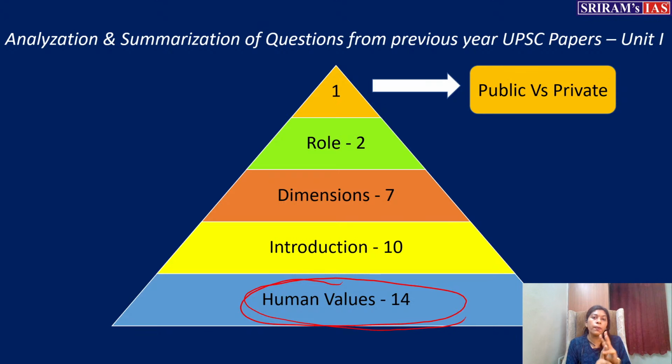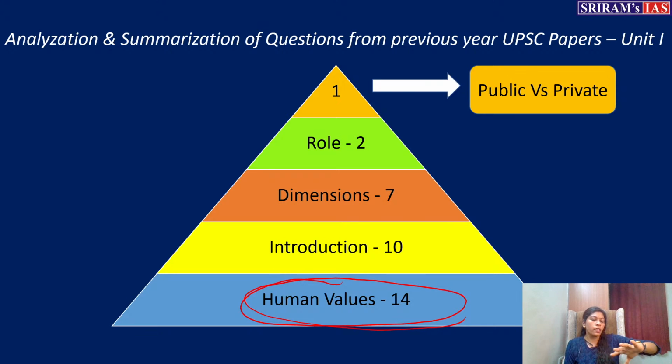First, you should know what values are, and how values are differentiated from ethics. Then you have to come to human values. What are called human values? What are the basic human values? When they ask questions, they used to ask how you can separate ethics and values, and like ethics, how values are also helping you to reach your goal.